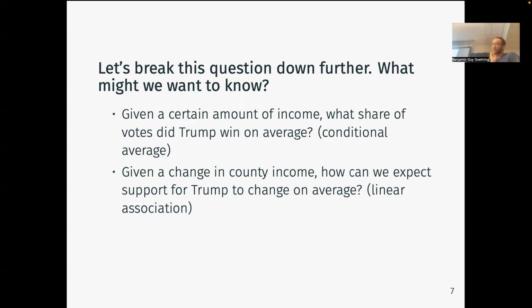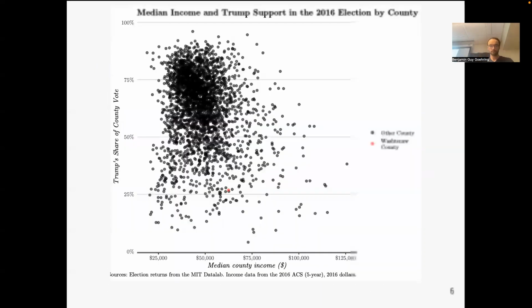And so another thing we might be interested in here is, how does this change? So let's say county income changes. How can we expect support for Trump to change on average? Let's say a county's income increases by $25,000.